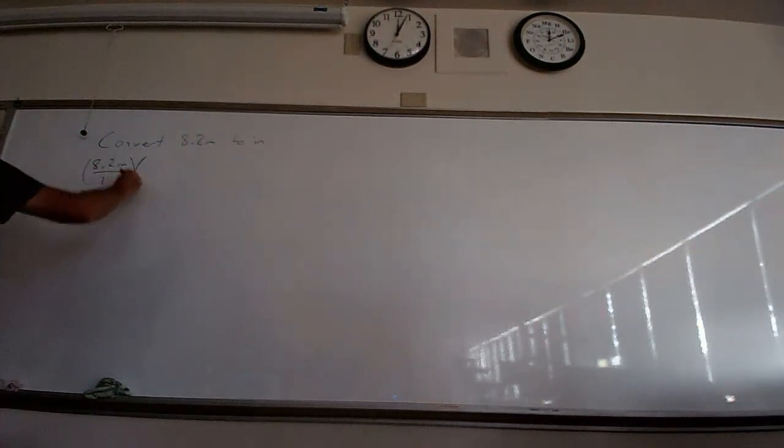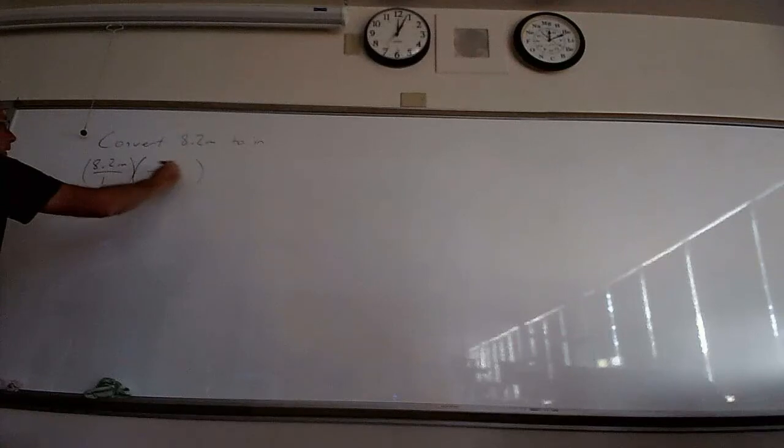I don't know how many inches are in a meter, but I do know how many centimeters are in a meter. There are 100 centimeters in 1 meter. The reason I chose centimeters is because 1 inch equals 2.54 centimeters. That's my conversion factor.